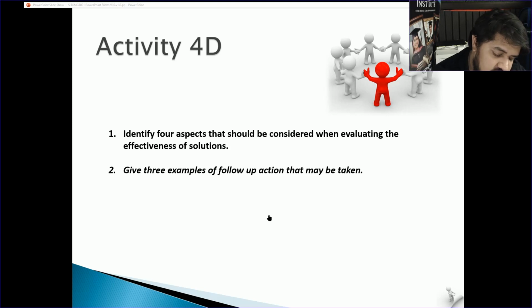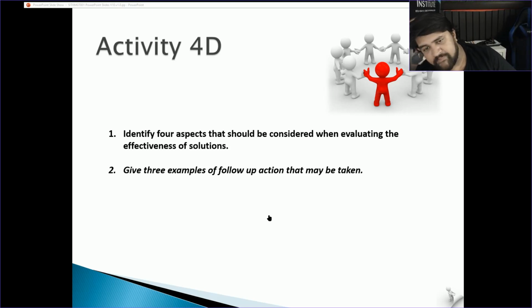Do all employees have a role and responsibility within that solution? Is the resource being used effectively? Can we avoid any side effects or damage to the organization with this new solution? And what sort of success have we achieved within the designated time frame? So you want to list those aspects there. And let's move on to the next one.